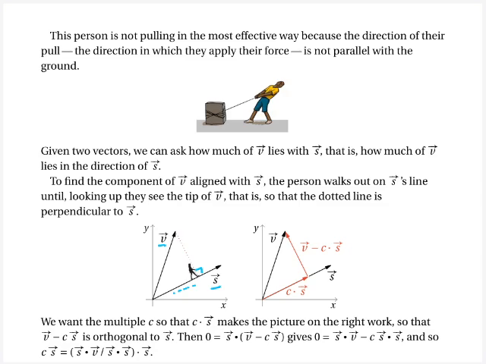So putting things in terms of letters here, I want to find at what point the tip of v is directly over that person's head. And so for what c does c times s give you this picture? Said another way, for what real number c is v minus cs perpendicular to s? So I want v minus cs to be perpendicular to s.